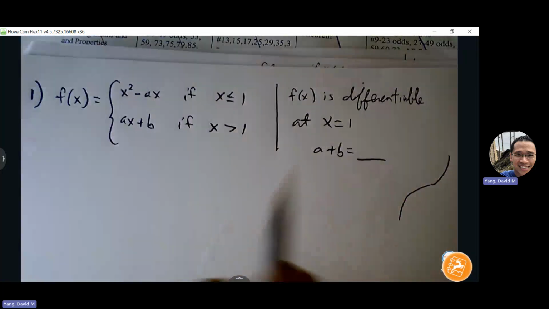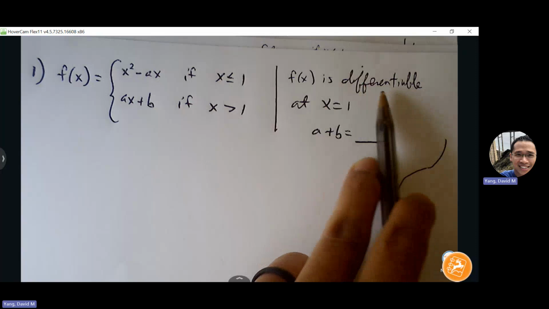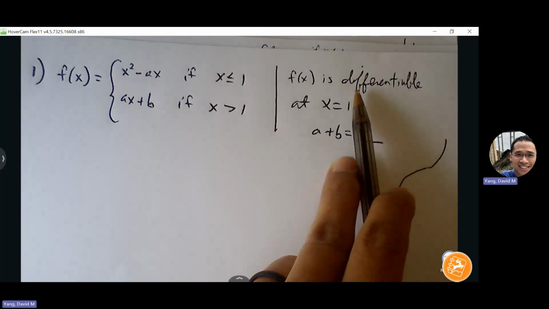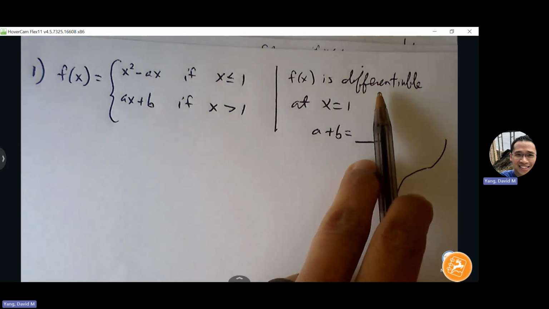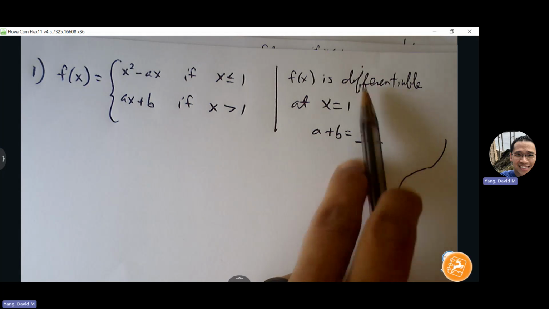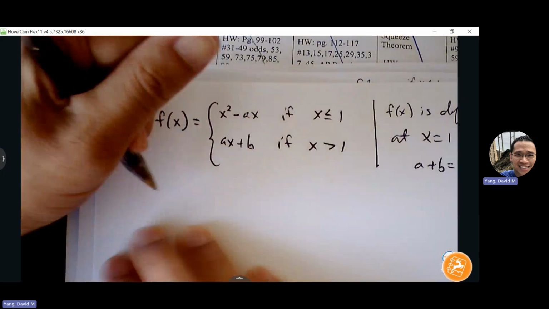First, we know that they're connected. Even though they don't say it, the understood knowledge here is that the function is also continuous. That's a prerequisite: you can't have a differentiable function without being continuous. So I'm going to write that out here.